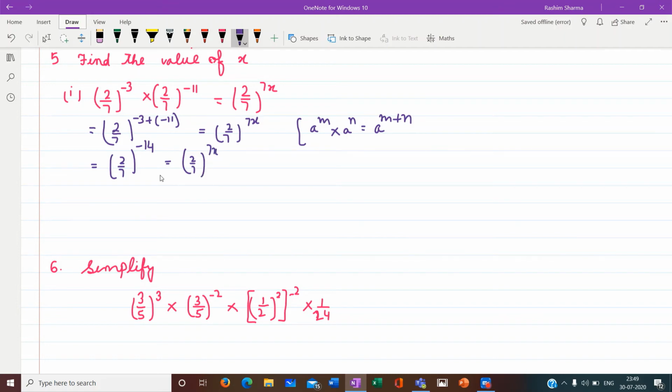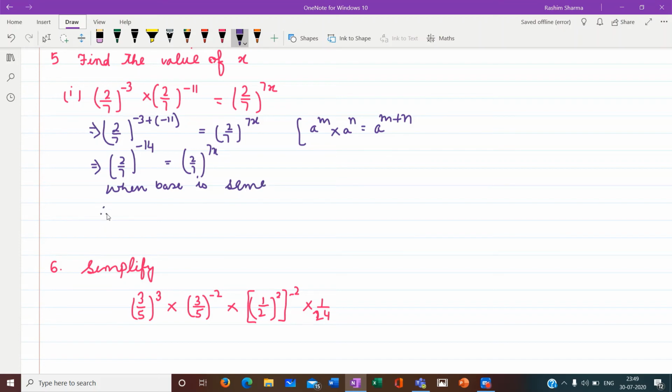Here 7x. Now we can see here on both sides we have the same base 2 on 7. When base is same on both sides we can equate the powers.